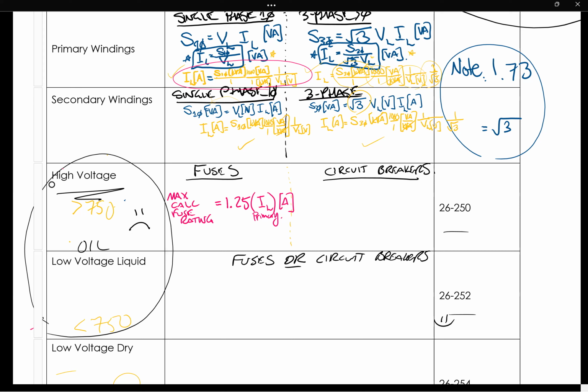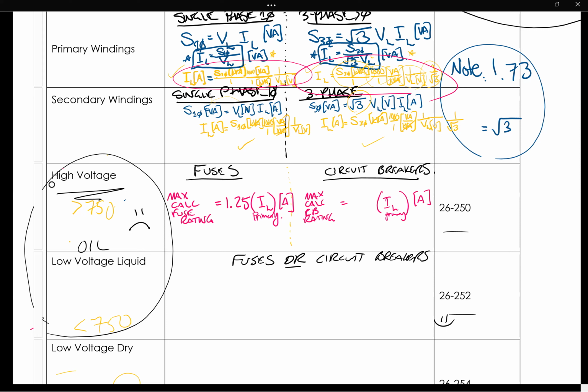And then for the circuit breakers, same thing. Max calculated circuit breaker rating is equal to something times I line of primary, which I calculated above, and that's all going to be in amps.